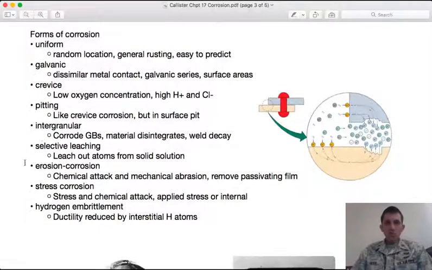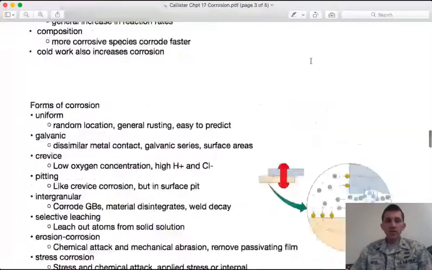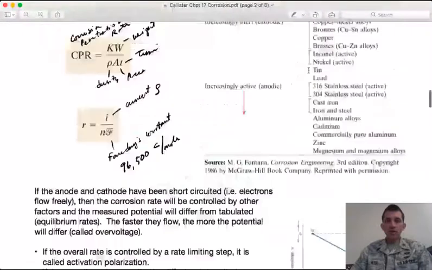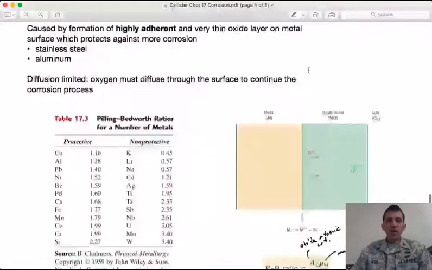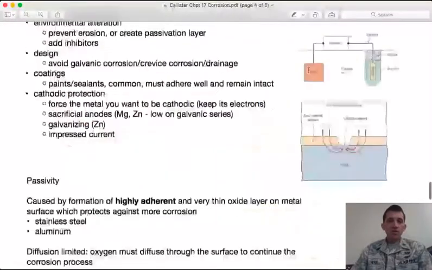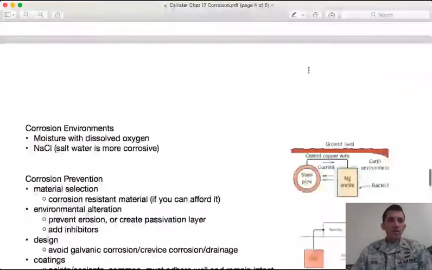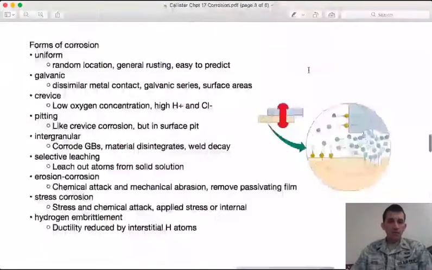A lot of these other ones are more insidious because they target key locations. The first here is galvanic, called that because it refers to the galvanic series, or EMF series. Galvanic corrosion is most focused on dissimilar metal contact.